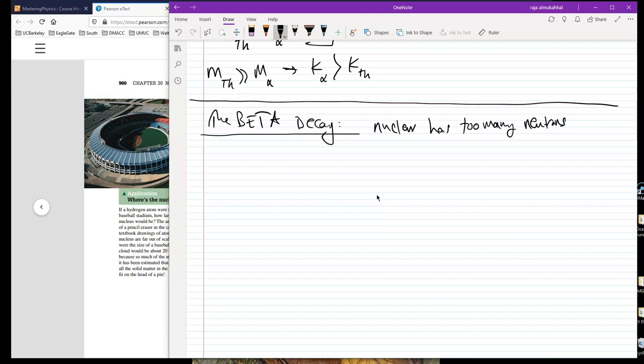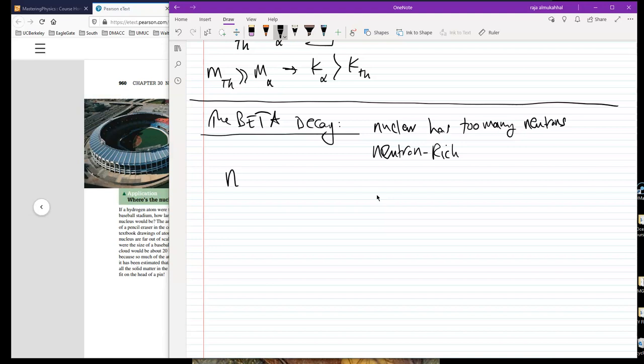It's actually bloated with neutrons, or it's neutron rich, we call it, and it needs to get rid of one of them. So it doesn't kick out a neutron. What it does is what is called a beta decay. Let me explain it to you.